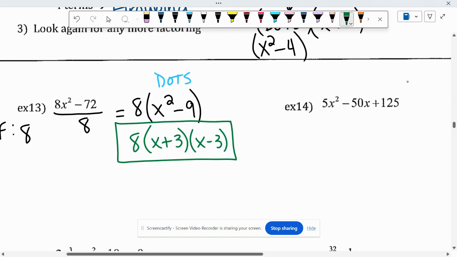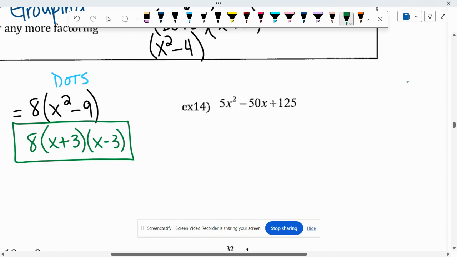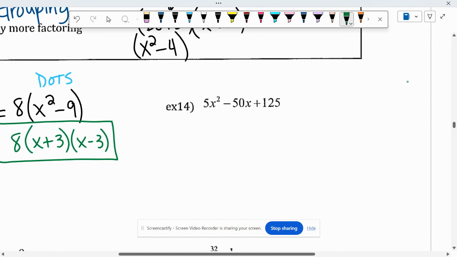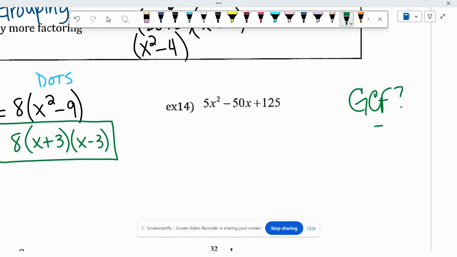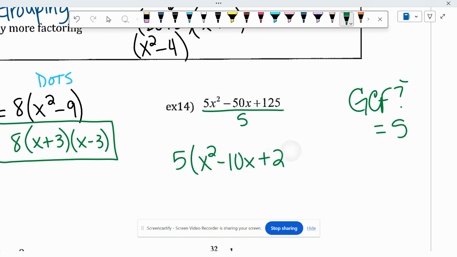Let's look at example 14. Do you see a GCF? Yeah, your GCF is 5. That means everything can be divided by 5. So when I pull a 5 out, I'm left with x squared minus 10x plus 25. I have 3 terms.